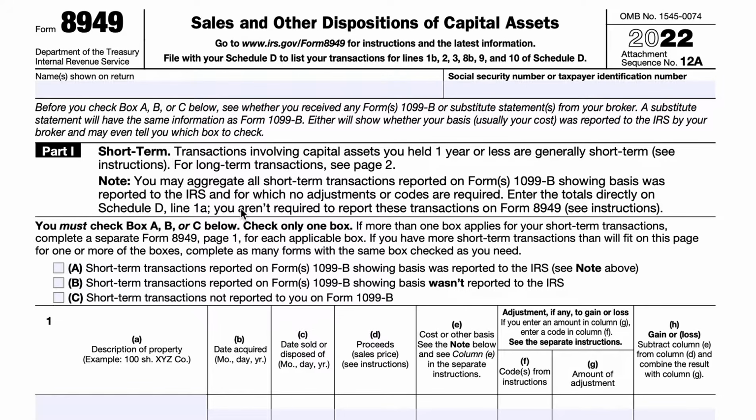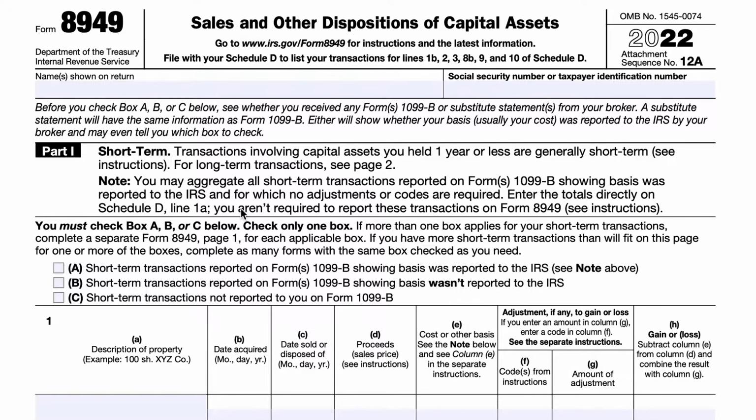Other items include gains from involuntary conversions of capital assets that were not used in your trade or business, non-business bad debts, the worthlessness of a security, the election to defer capital gain that was invested in a qualified opportunity fund, or the disposition of interest in a qualified opportunity fund.